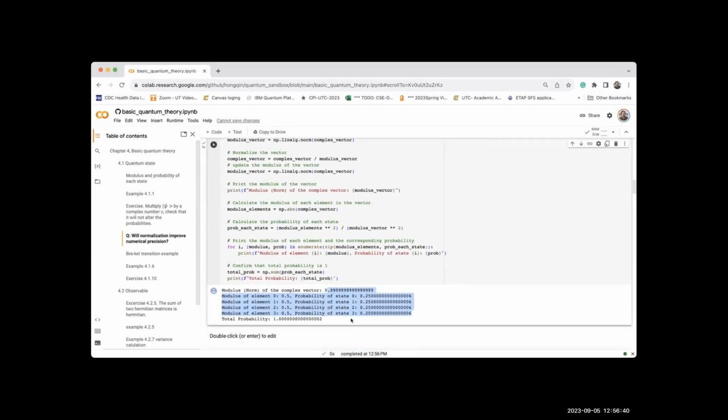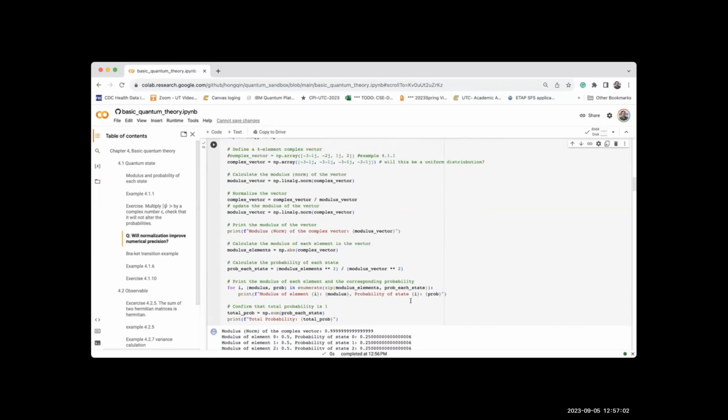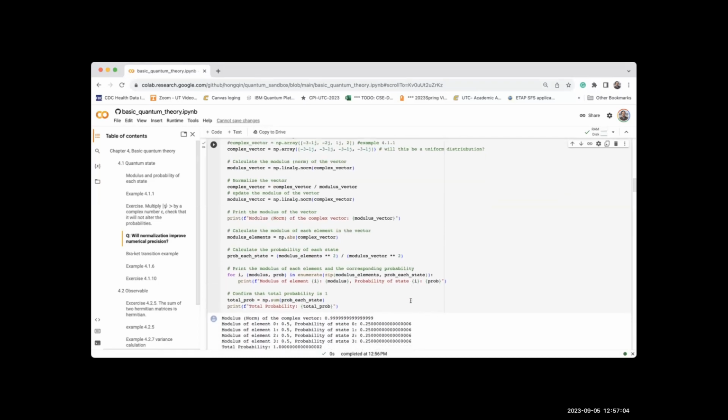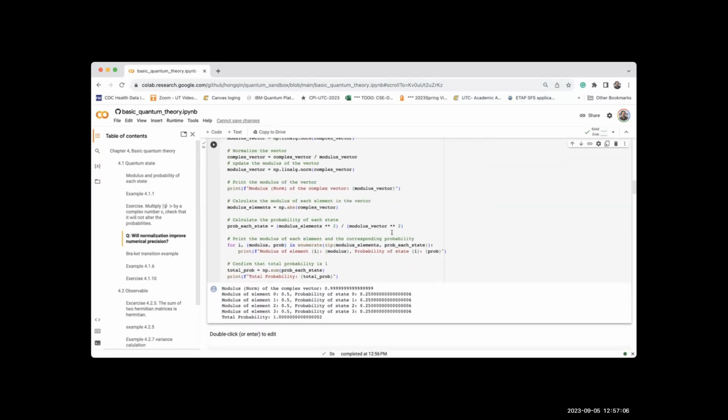Actually, it looks like normalization does not necessarily improve your precision. Well, that may just be floating point error. You can even see it doesn't even come out to be the same.